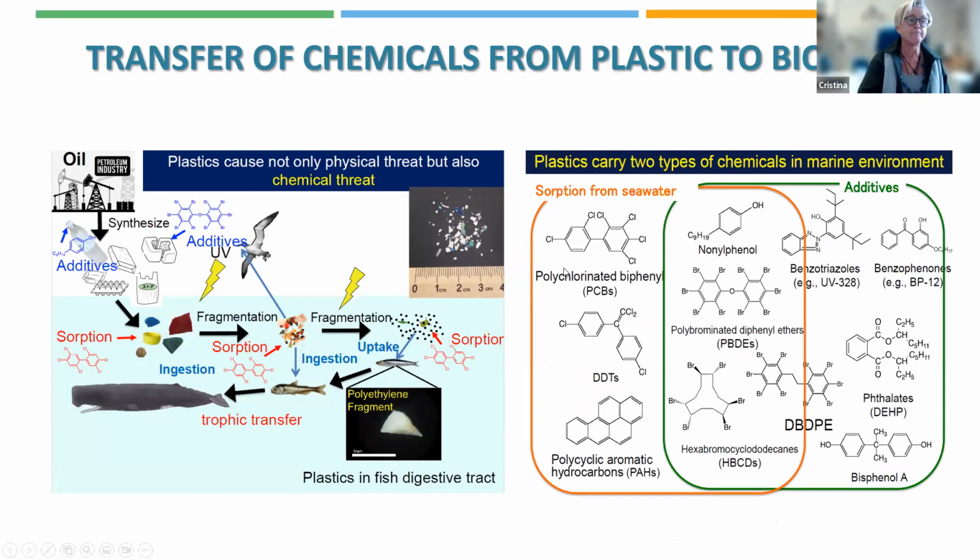There are some chemicals that we call sorbed chemicals that can be attached to microplastic and marine litter from seawater. In this class of chemicals, we have the very well-known polycyclic aromatic hydrocarbons, some insecticides and PCBs, or even some polybrominated diphenyls.